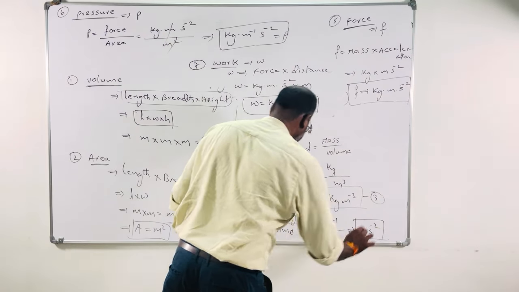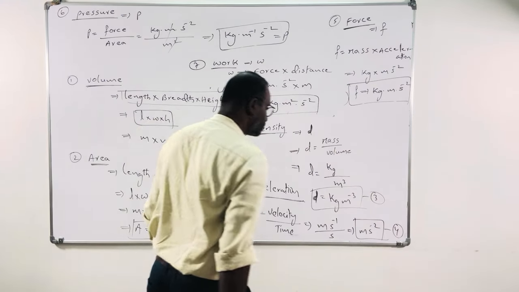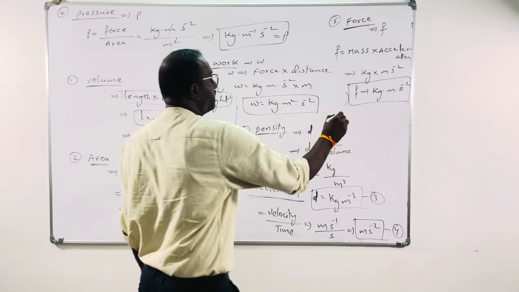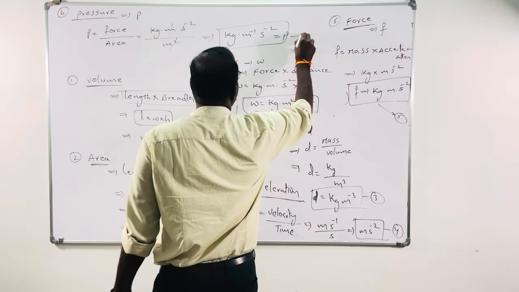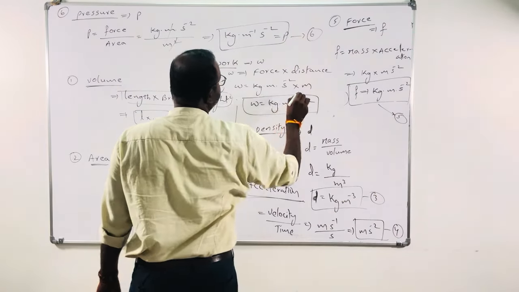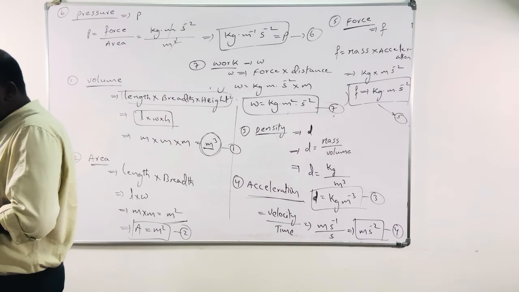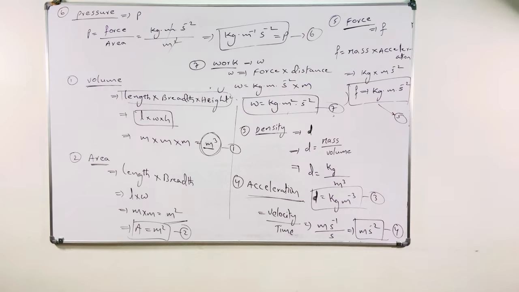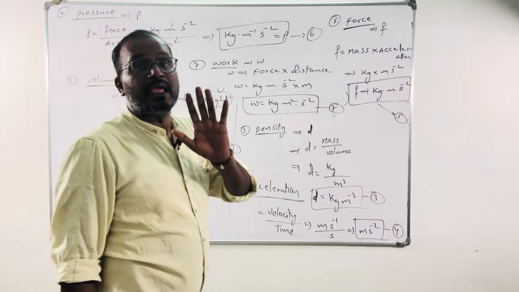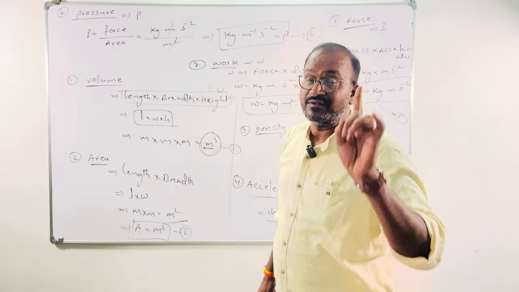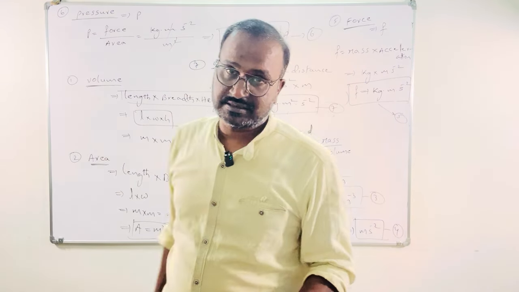This is equation 3. Acceleration units are this. This is equation number 4. And these are 5, 6, and 7. These are the 7 derived units. 7 basic units and 7 derived units are enough for us for the discussion of physical properties of a substance.